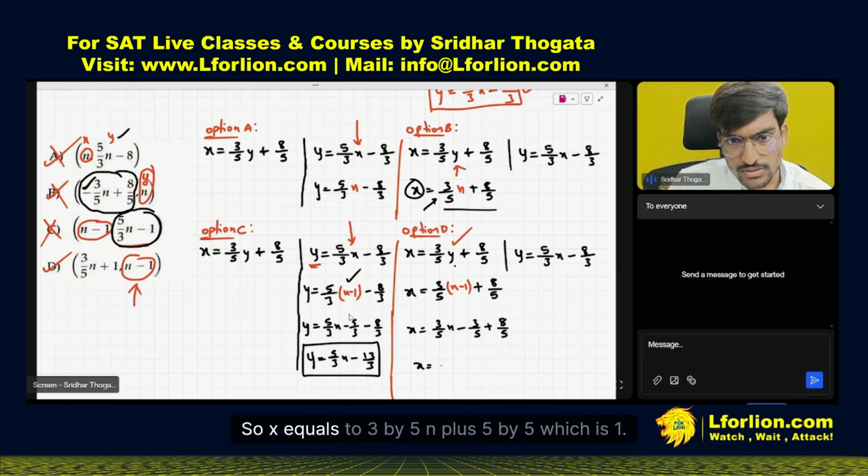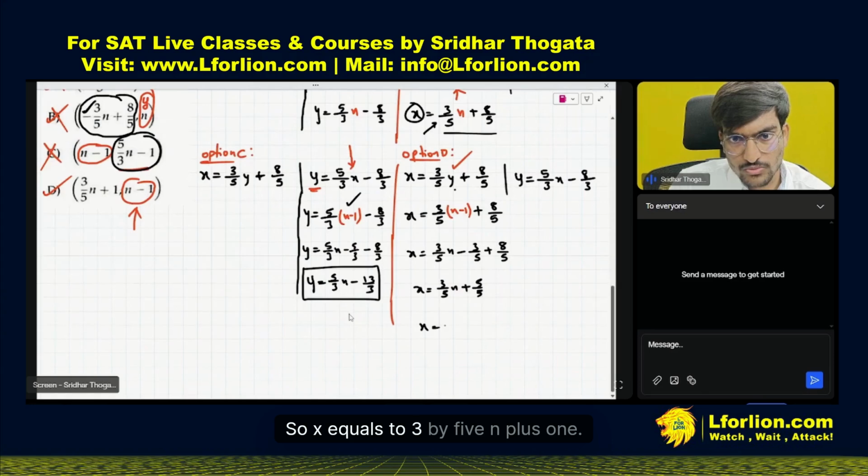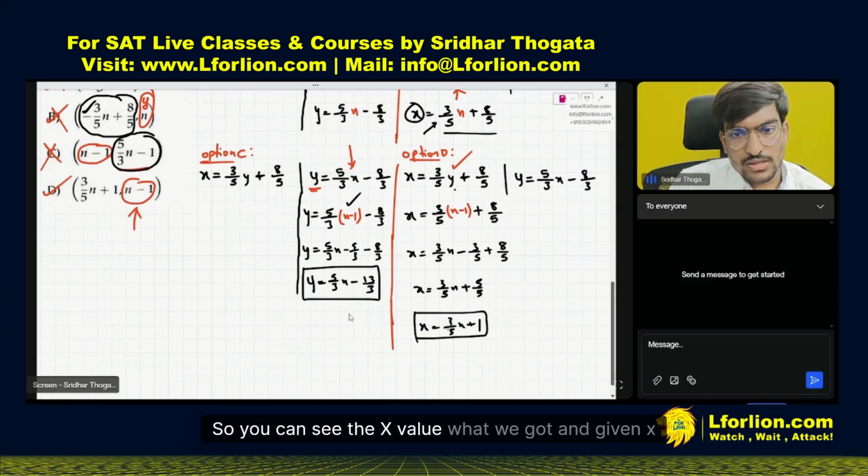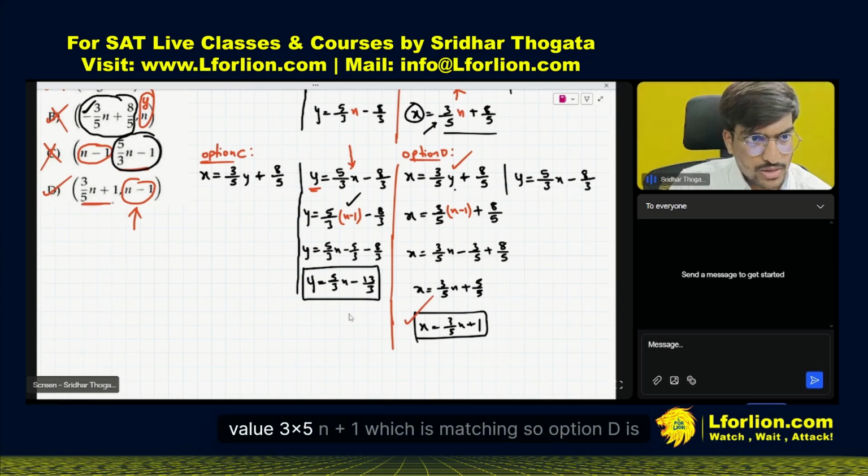So x equals 3 by 5 n plus 5 by 5, which is 1. So x equals 3 by 5 n plus 1. You can see the x value we got and the given x value, 3 by 5 n plus 1, are matching. So option D is correct.